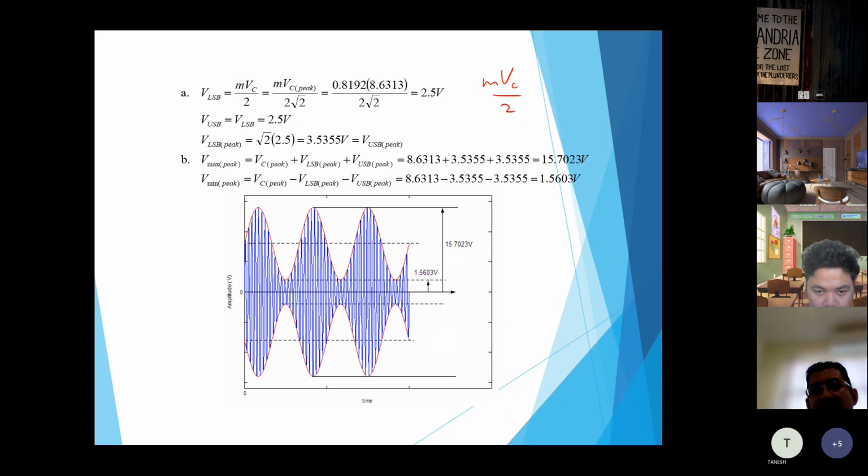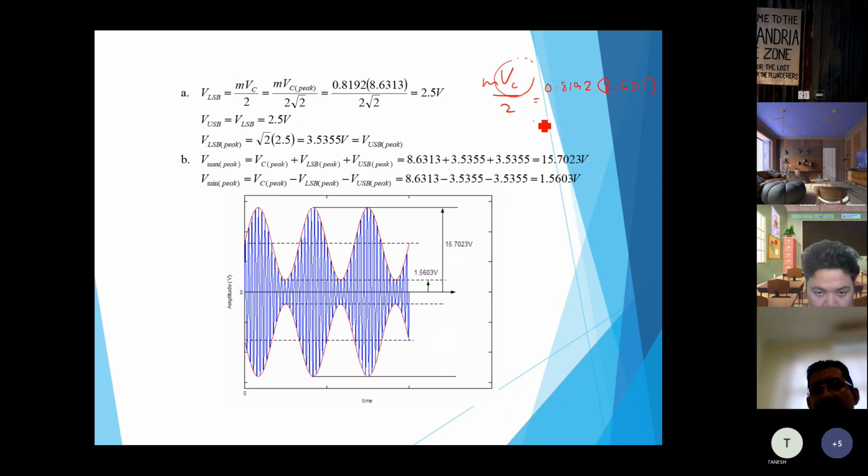So kita kena pastikan since kita nak cari peak amplitude, maka yang ini perlulah dalam sebutan peak. Okay. So that means di sini adalah 0.8192 darabkan dengan ni kita memang tahu lah kita gunakan peak value of carrier. Peak value of carrier is 8.6313.